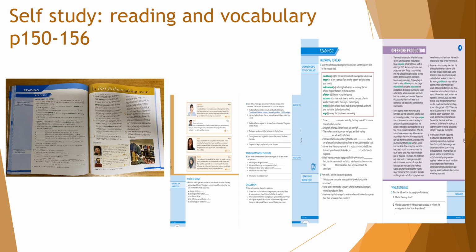Mostly, it's reading an article and answering the questions, and there is a vocabulary, and there is also some grammar and reading and writing questions. But we are going to start this class from page 157.